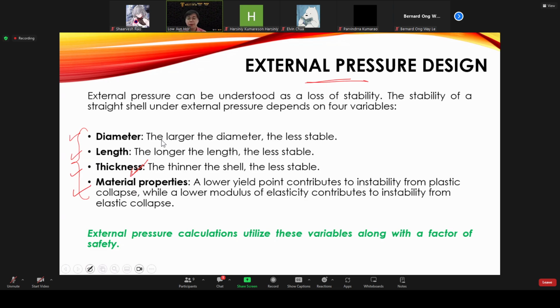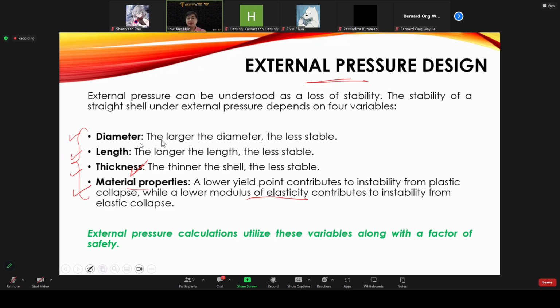Besides that, it also depends on the properties of the material that we are going to select for the pressure vessel. Among the properties, as I told you, the elasticity is the most important property. Of course, the higher the elasticity, the more rigid the pressure vessel that we can fabricate.